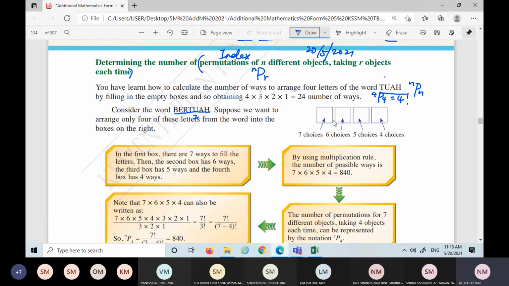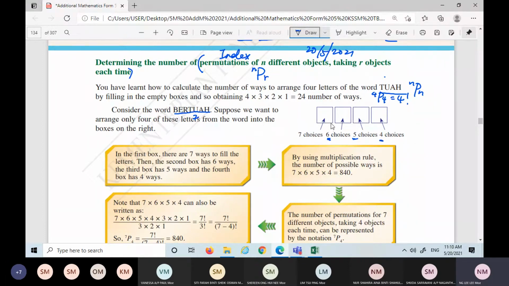If using the box method, the first letter, because you start with 7 different alphabets, the first box has 7 choices to choose from. After you put 1 letter in the first box, you are left with 6 choices, and then 5 choices and 4 choices.